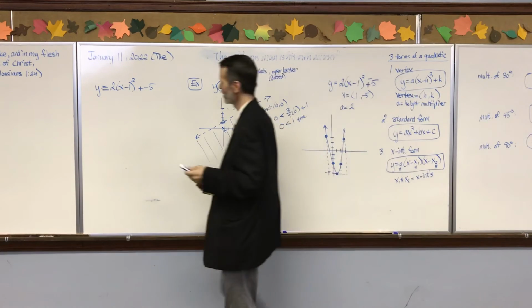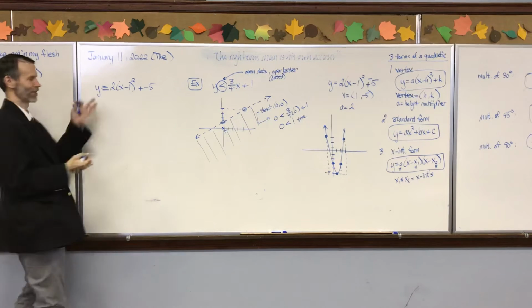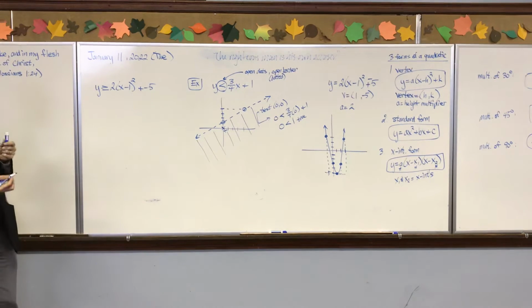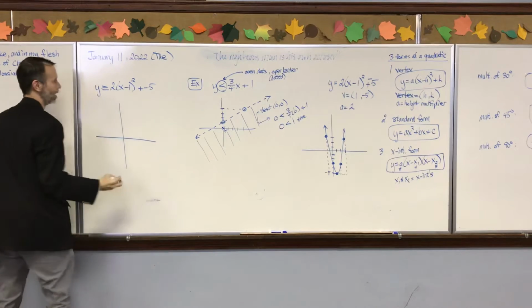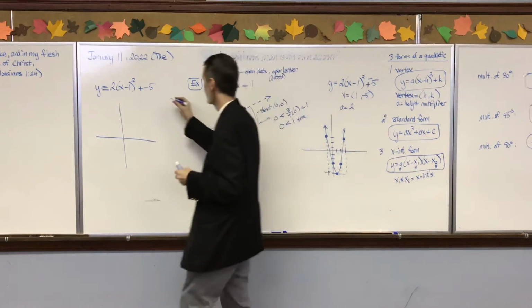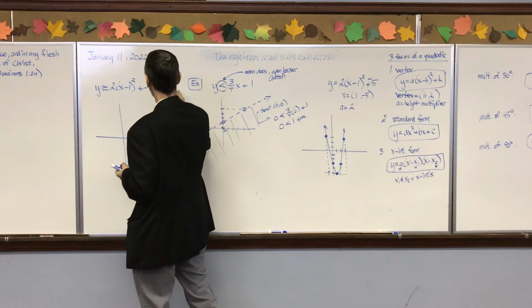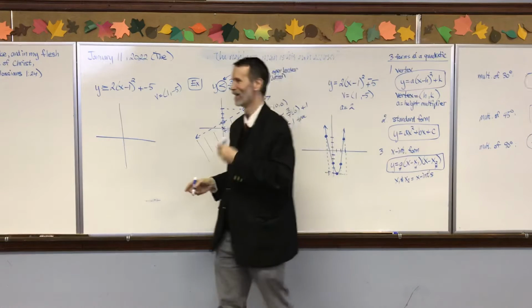Talk me through this. Where do you start? What form is it, first of all? It's vertex form. Where's the vertex? Correct. It's still a vertex of 1, -5. Would that be a solid dot or an open dot? Solid.